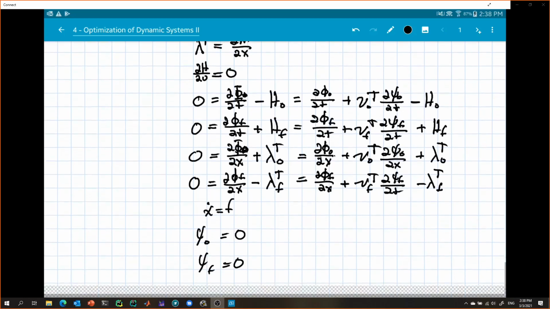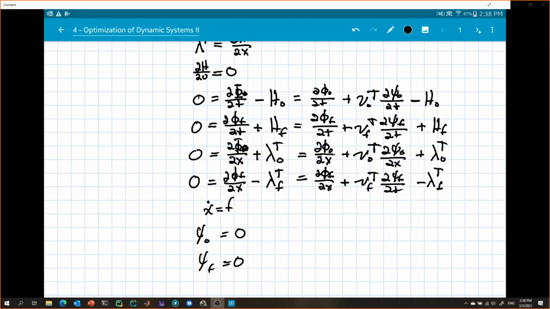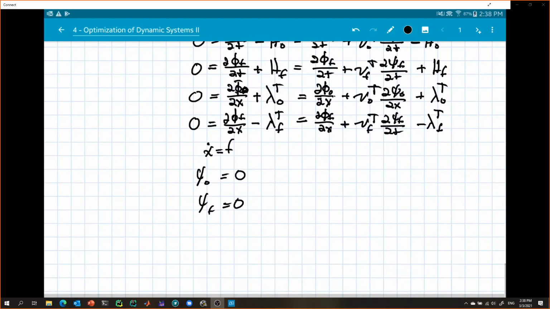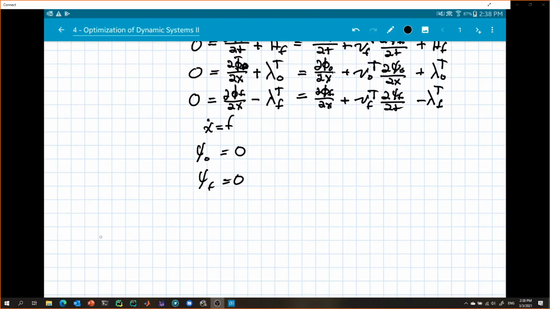So just to prove to you that we have enough conditions, we originally started with t naught unknown, t f unknown, x unknown, u unknown, and then we added, for x, a costate lambda, and for the initial and final boundary conditions, we added unknowns, nu naught and nu f.